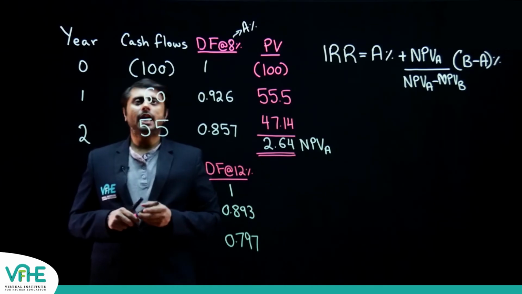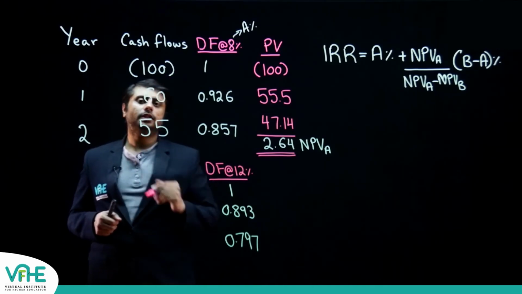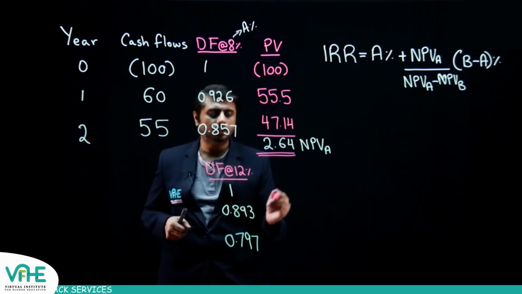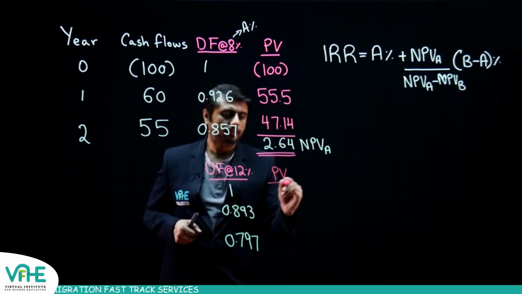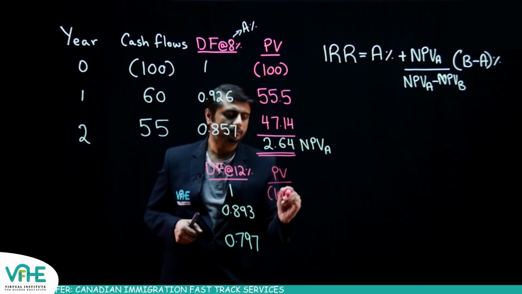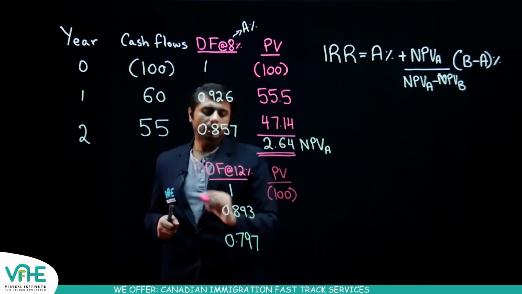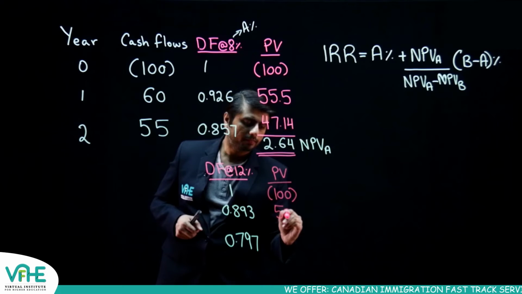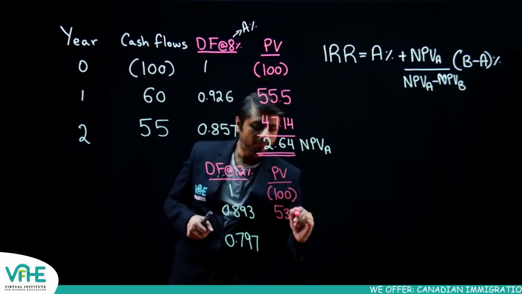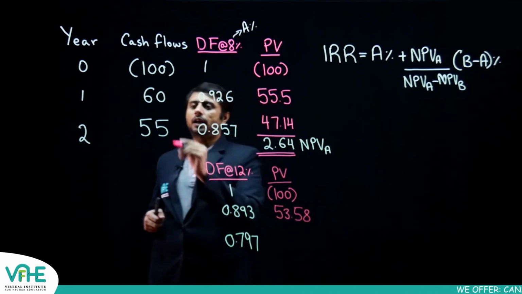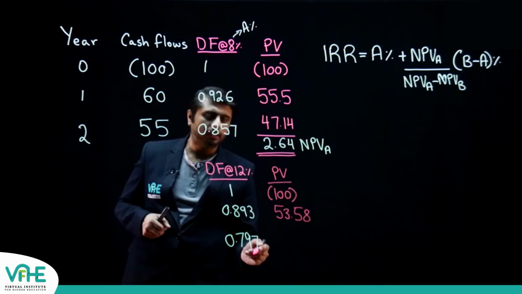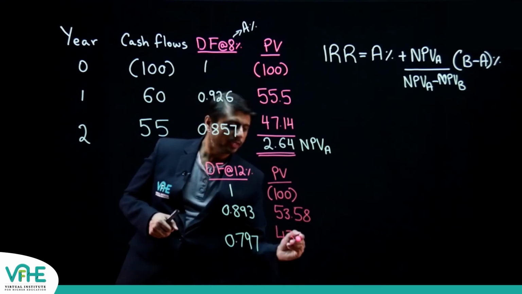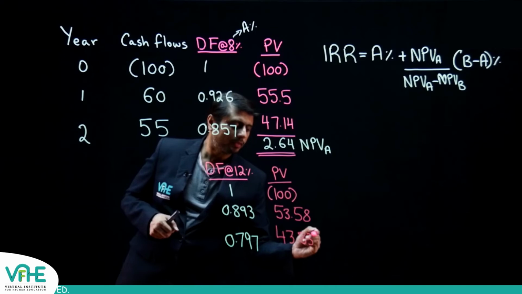Multiplying these with the cash flows, year 0's cash flow was negative 100. Negative 100 into 1 is negative 100. 60 into 0.893 is 53.58 and 55 into 0.797 is 43.835.